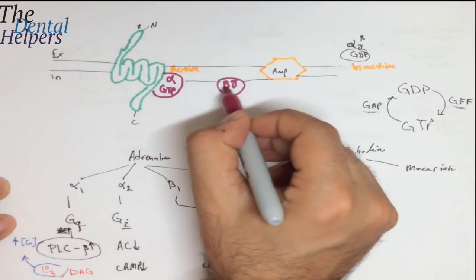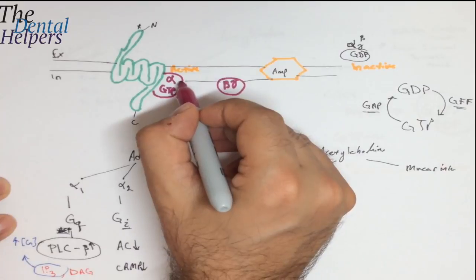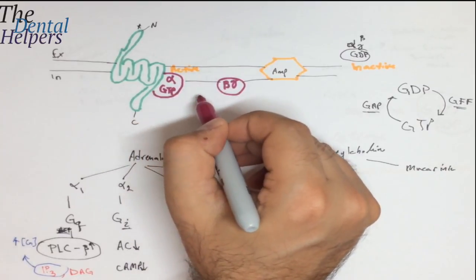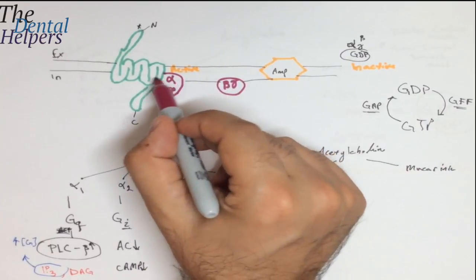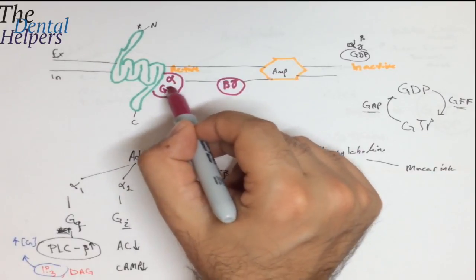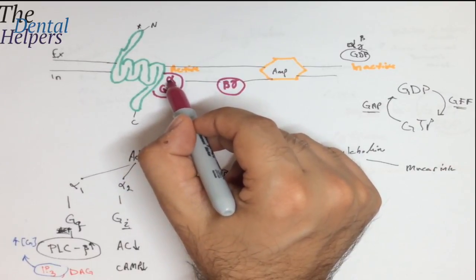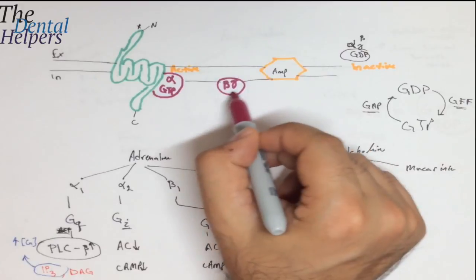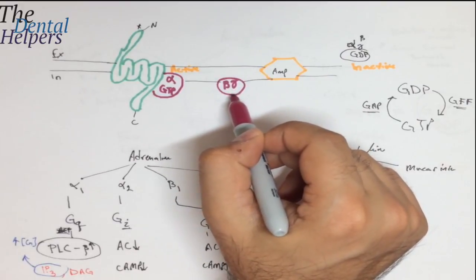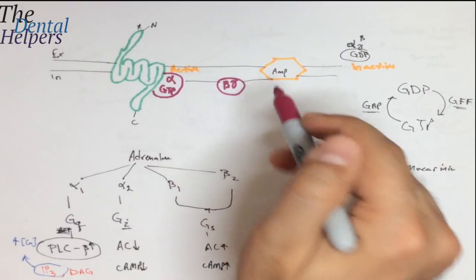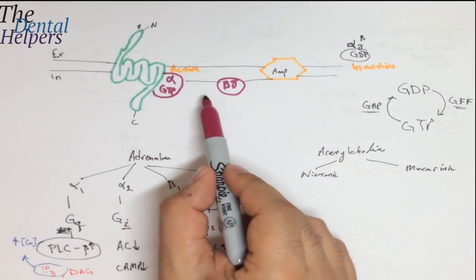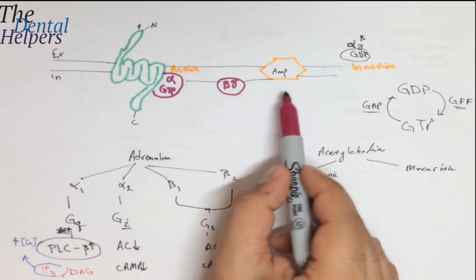And then the beta gamma subunits are going to dissociate from the alpha GTP bound. This is because GTP has a higher affinity for the alpha subunit, causing a decreased affinity towards the beta gamma subunits. Once this happens, we're going to activate the amplifier right here.